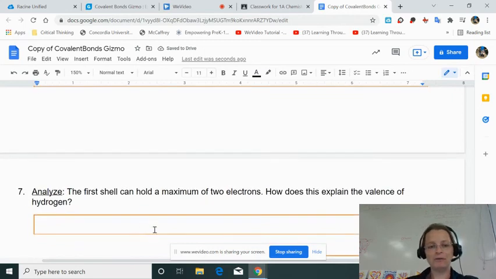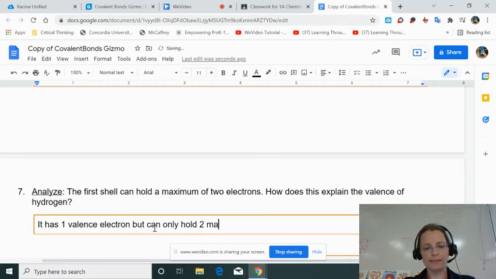So the first shell can hold a maximum of 2. How does this explain the valence of hydrogen? Hydrogen has 1 valence electron, but can only hold 2 maximum.